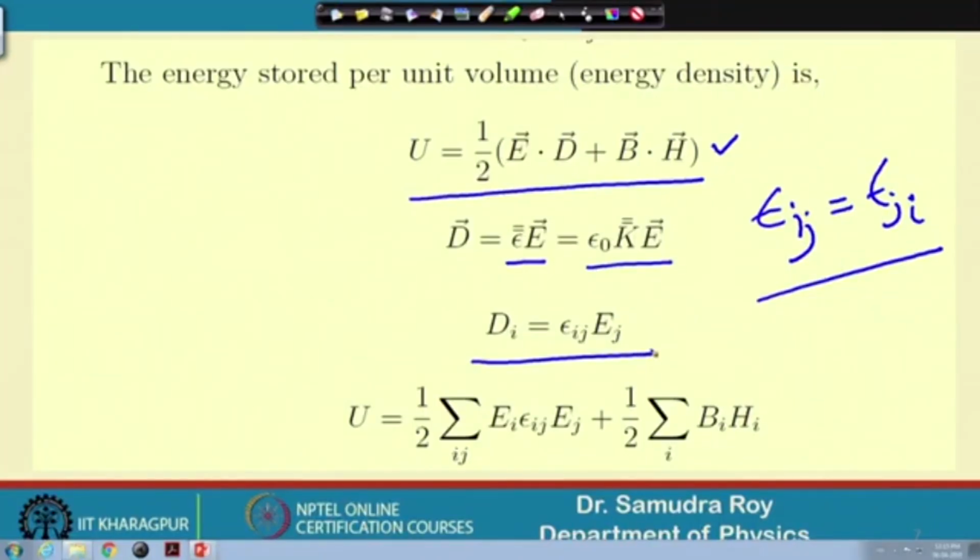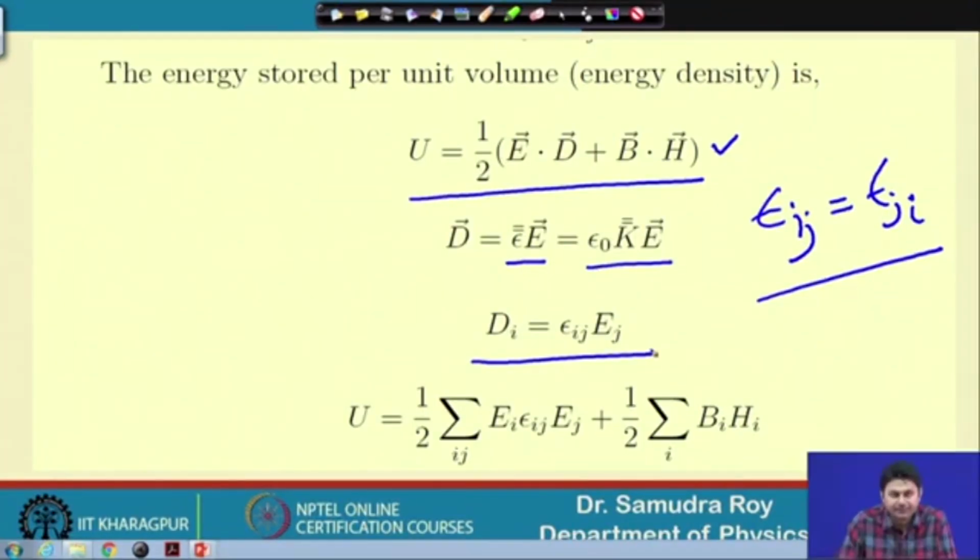So, in component form I can write di is equal to epsilon ij Ej. Once I have this, I can put it in this equation.